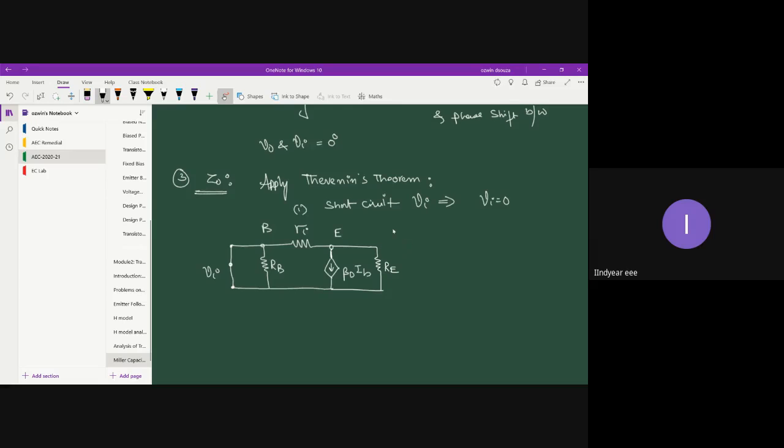So what we will do is consider a hypothetical voltage source V across the output. So this is my hypothetical voltage source.